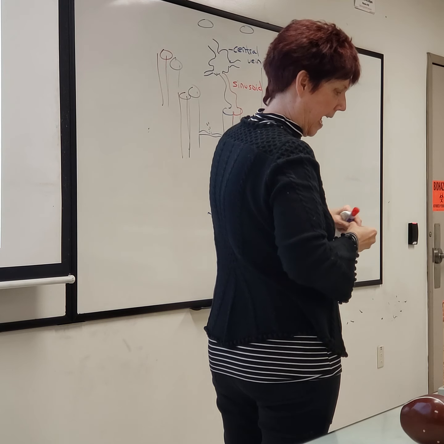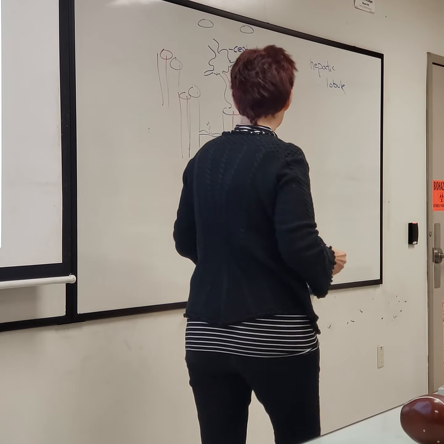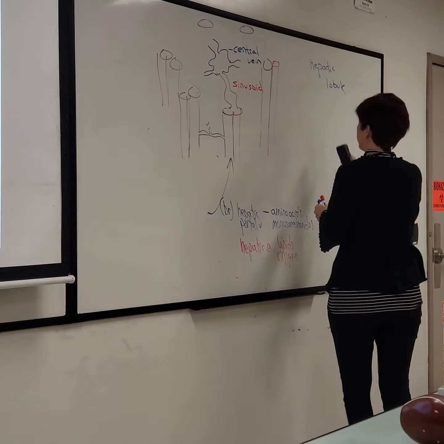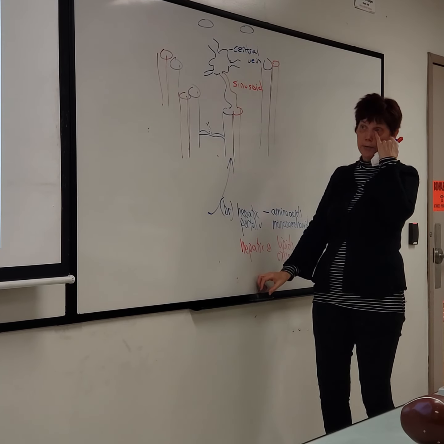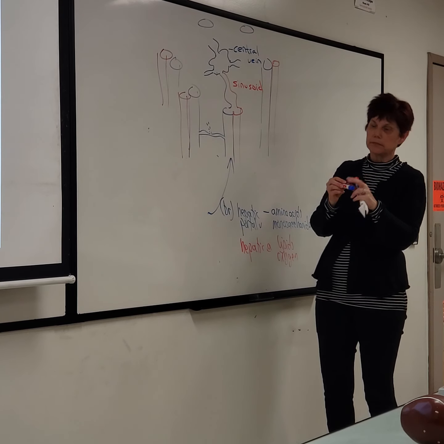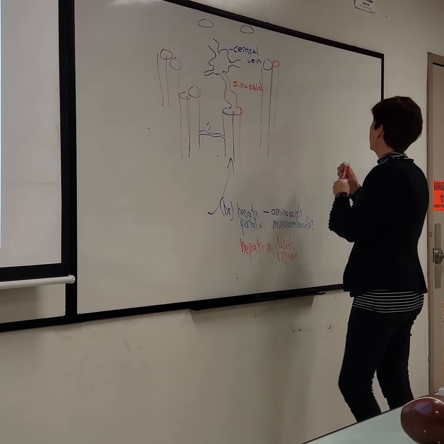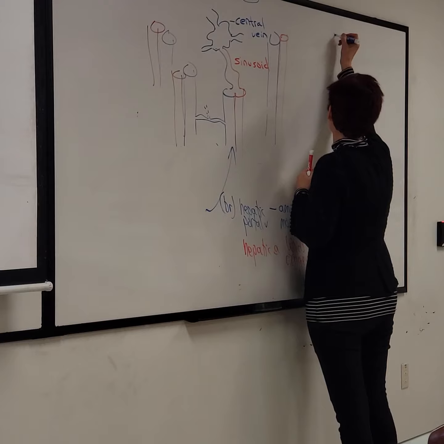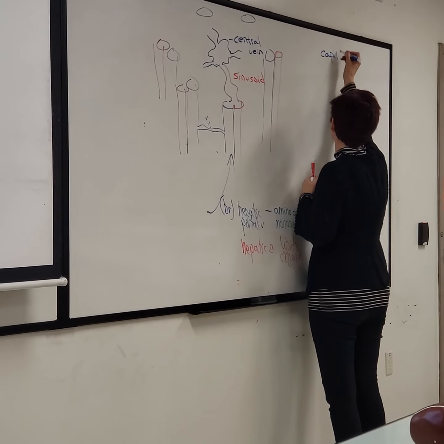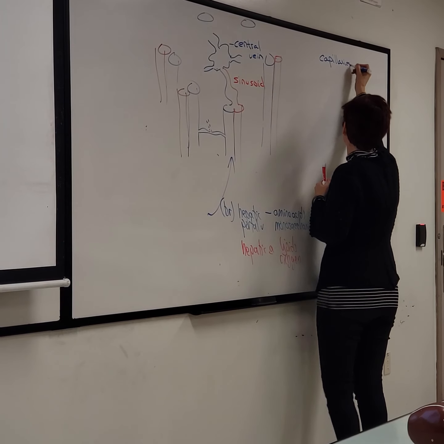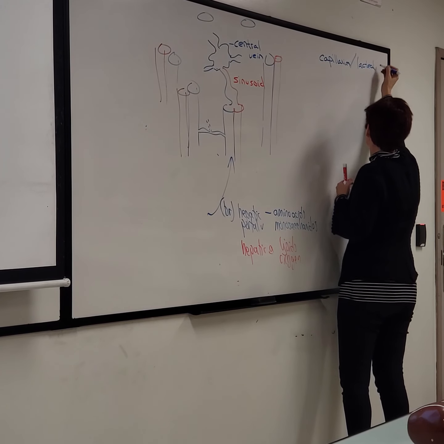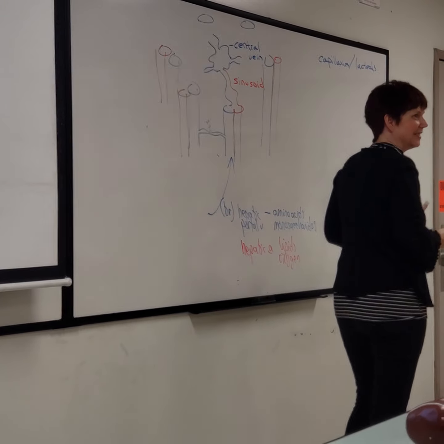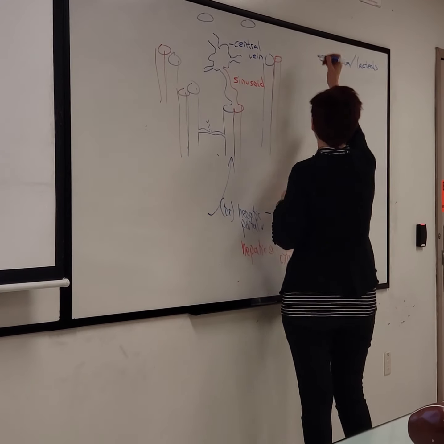All right. So if we look at the sequence of flow, picking up the nutrients from the small intestine, we have the capillaries and lacteals within the small intestine, okay?